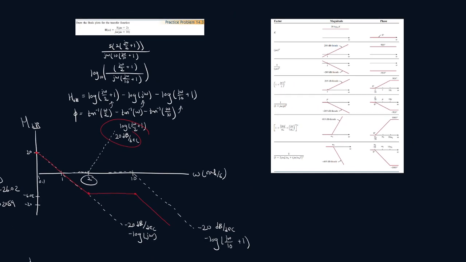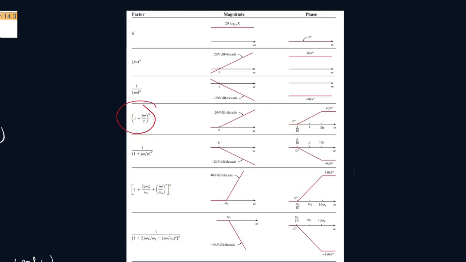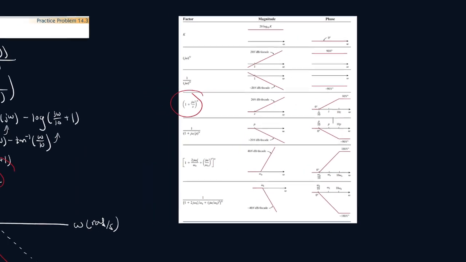So jω over 2 plus 1. This is the closest match to it, and we see at its zero point, which is pretty much its pole point, at zero divided by 10, we break. Then we start moving at an unknown slope until we hit 90 degrees, 90 times n degrees, n being the power, at zero times 10.